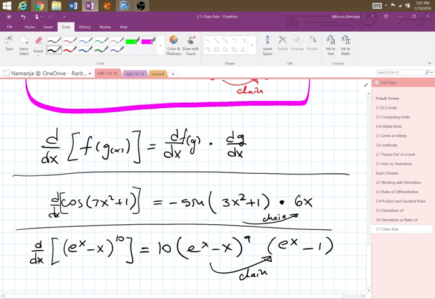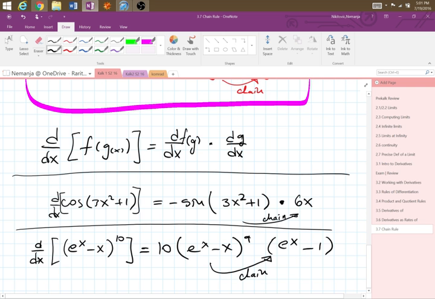Now, it's the derivative of the inside. So, again, as I said, I rarely memorize things using words and stuff. I associate stuff with pictures.